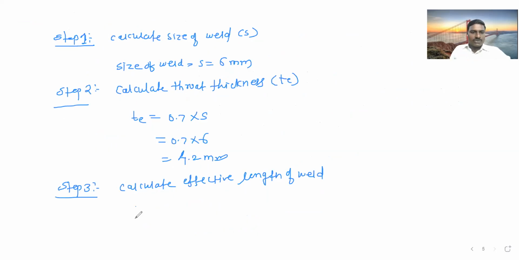So now effective length LW is equal to 2 into 300 plus 250. Correct? So how much? 850. Everyone got it?